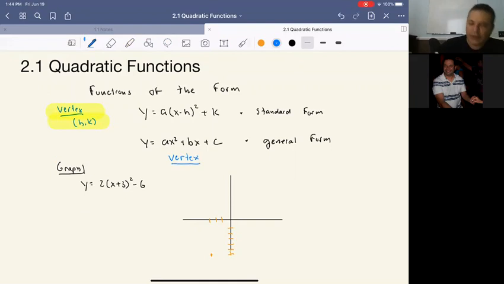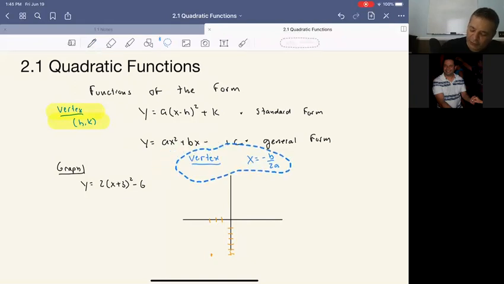The x coordinate of the vertex in the general form is given by x equals negative b over 2a. The y coordinate has an equation too, but it's just not worth memorizing.